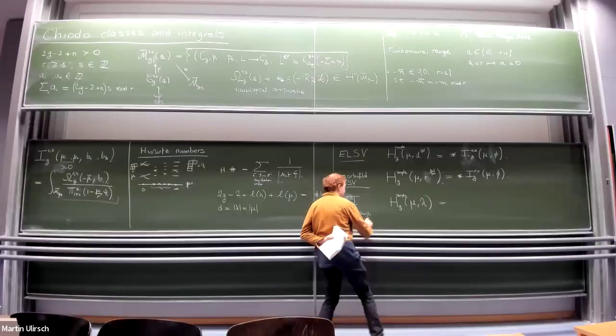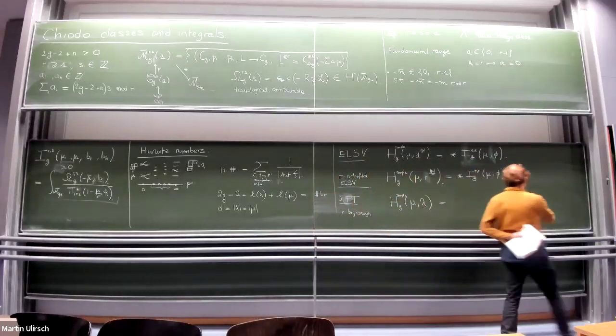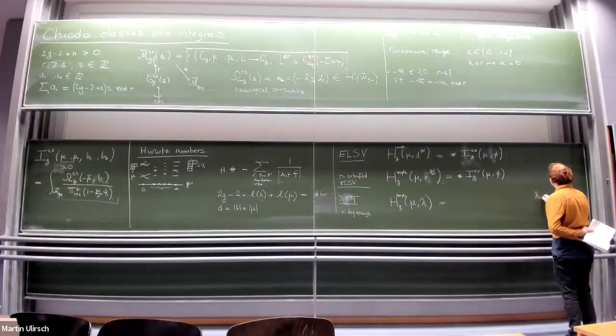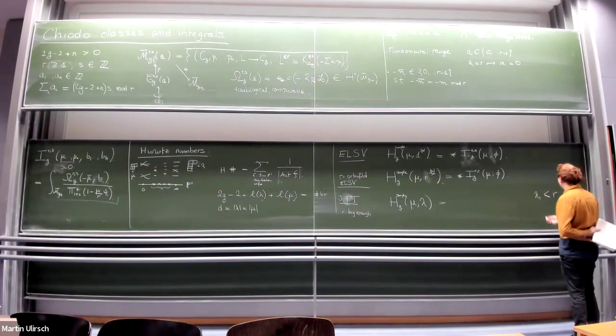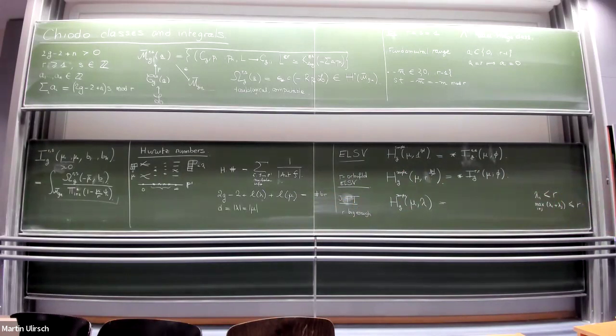It means that lambda 1, the largest part, is smaller than r. And you also want that the max of mu be smaller than r.